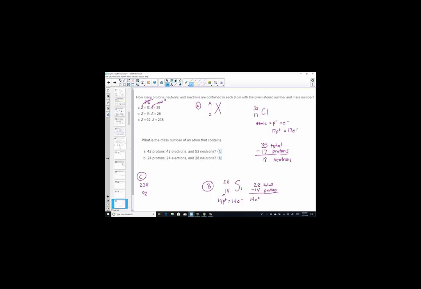Well, that's uranium, capital U. By definition, the atomic number tells me 92 protons and 92 electrons because atoms are neutral. 238 minus 92 is 146 neutral neutrons. Of the total mass, 238, 92 were already accounted for as protons, leaving the remainder to be the neutron number.